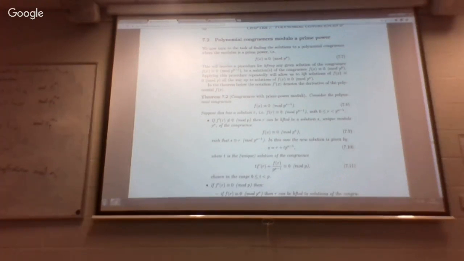And each different selection of solutions to these, each different set of choices here, will yield a different solution to the original problem. Also, if one or more of these sub-congruences have no solutions at all, then the original one has no solutions at all.